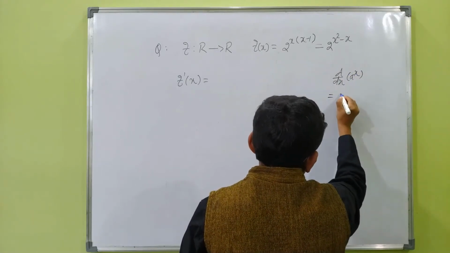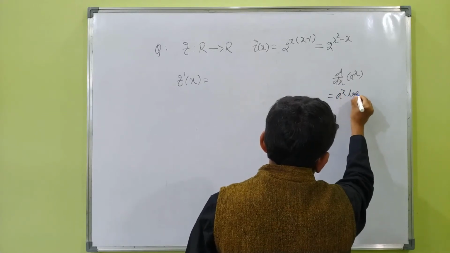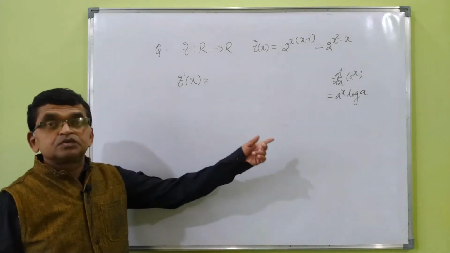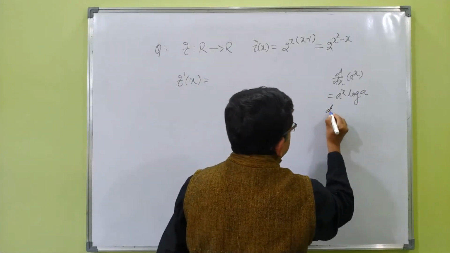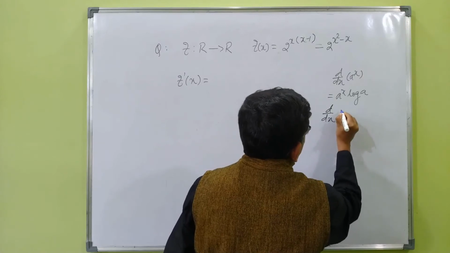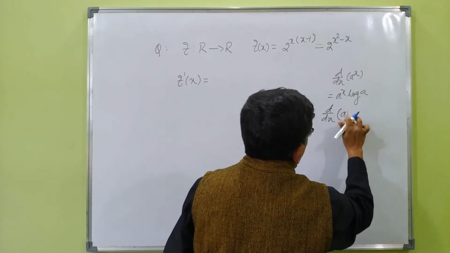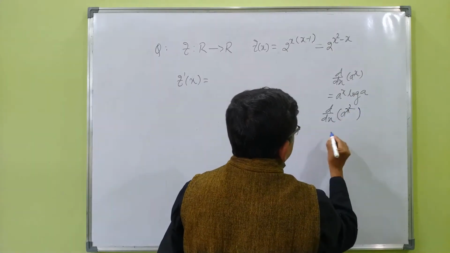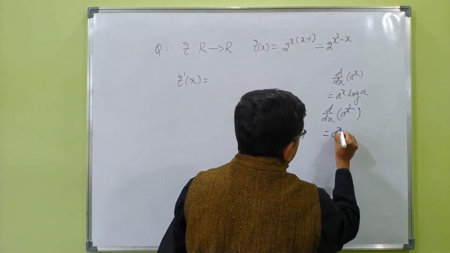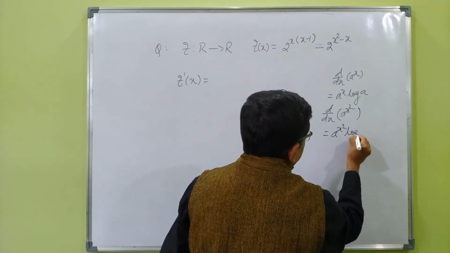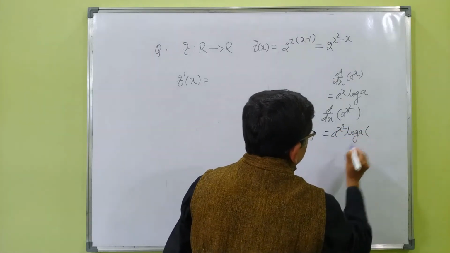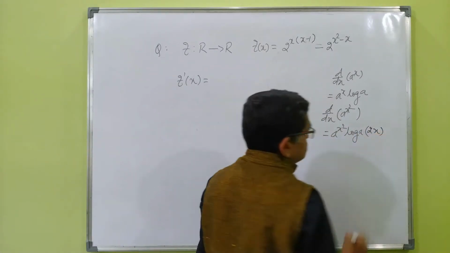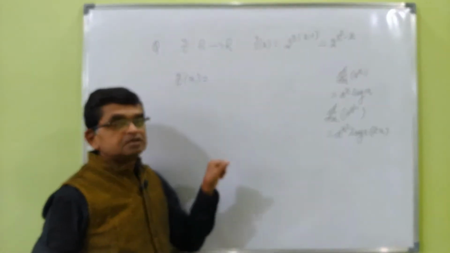That is a raised to x into log a, isn't it? If it is x squared, d by dx of a raised to x squared, then the answer will be a raised to x squared log a into d by dx of x squared, isn't it?